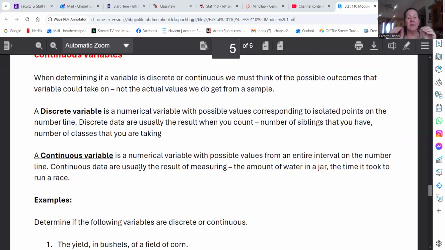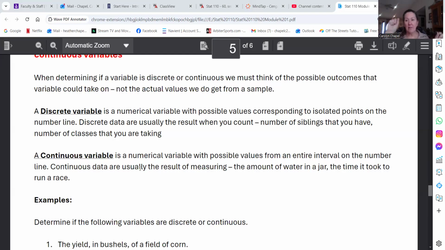I like to think of this on a number line, like we've all seen back in grade school. When we talk about a discrete variable, we're not talking about the actual value of a specific person's data. We're talking about all possible outcomes for the variable.